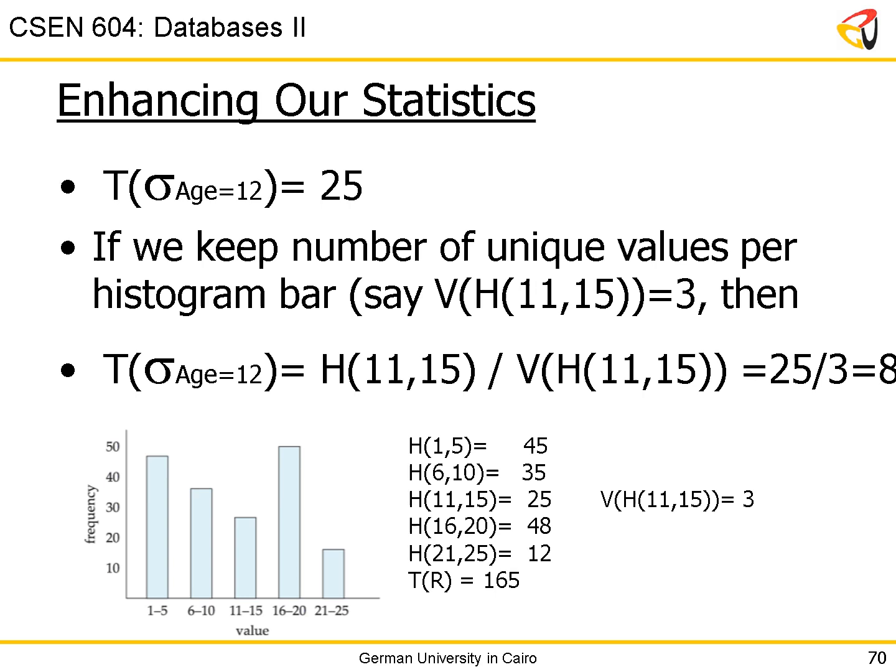It's going to be 1 over the number of unique values in this histogram bar, V_H(11,15), or 1 over 3, multiplied by the total number of values in this specific histogram bar, H(11,15). So it's going to be 1 over 3 multiplied by 25. And that means you have on average 8 rows in the result set if your query is select star from table where age equal to 12.